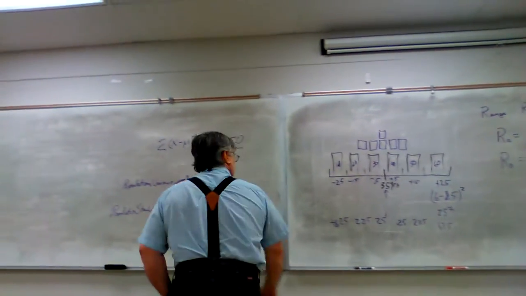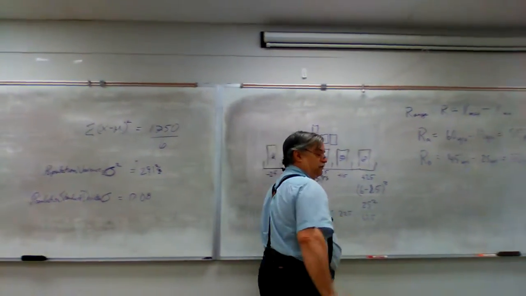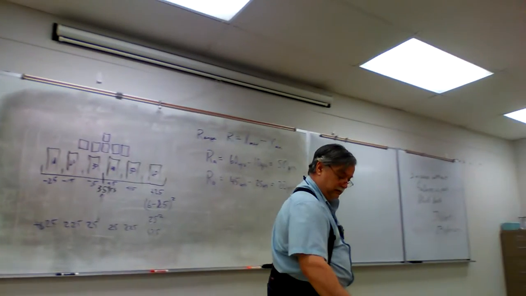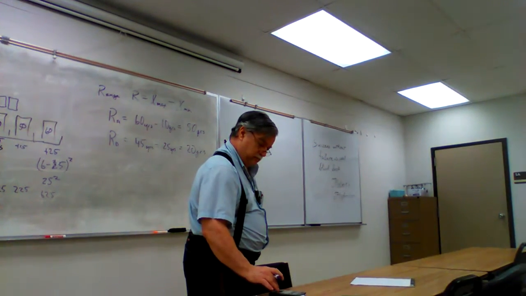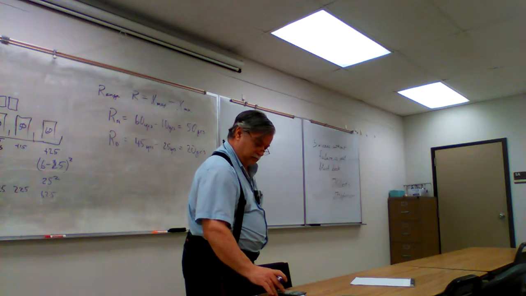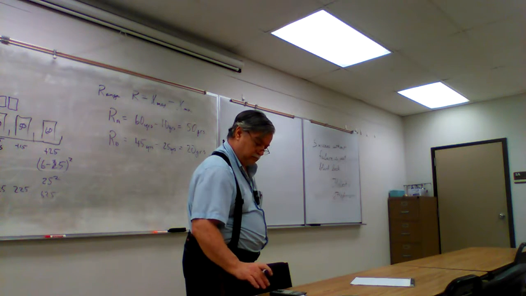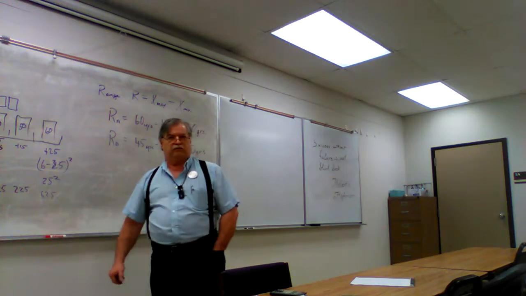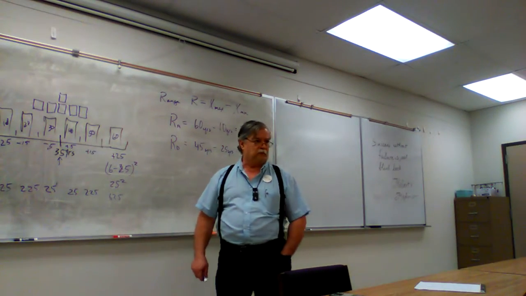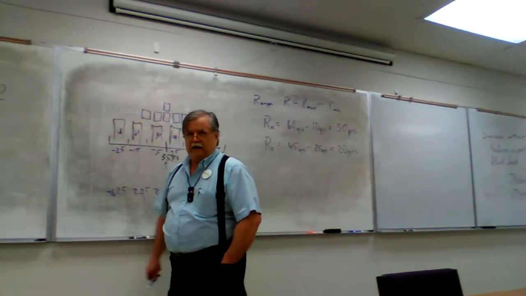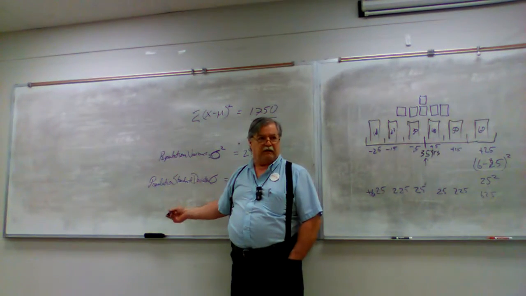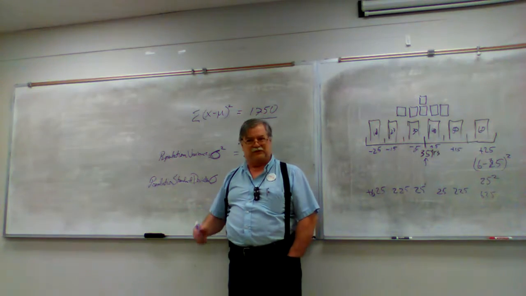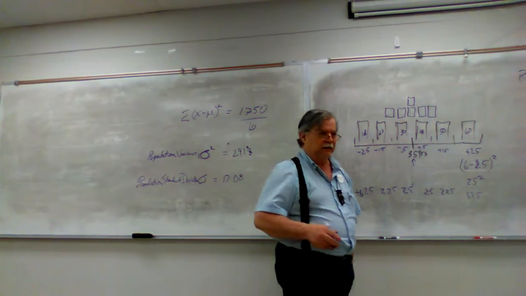What's the average of this? 5 plus 15 plus 25. $15. Okay? And that is why they don't call this the average variance, because it isn't quite.